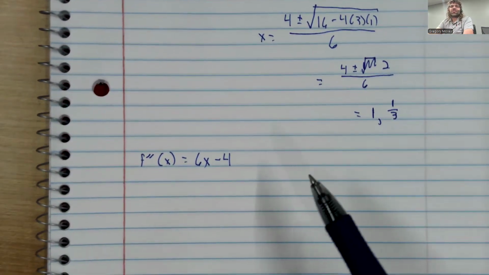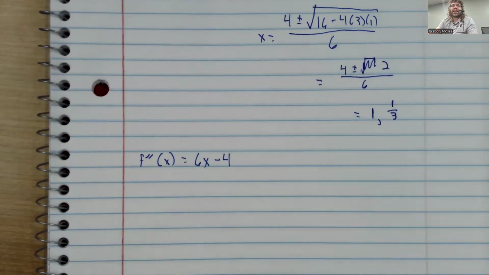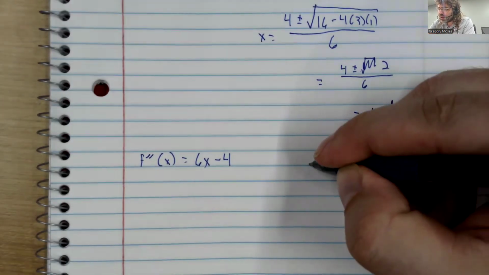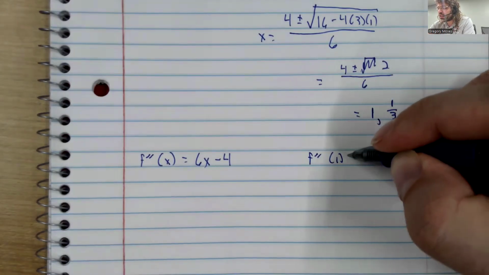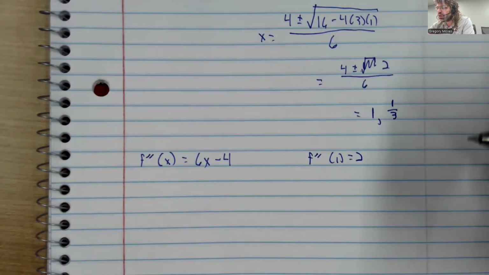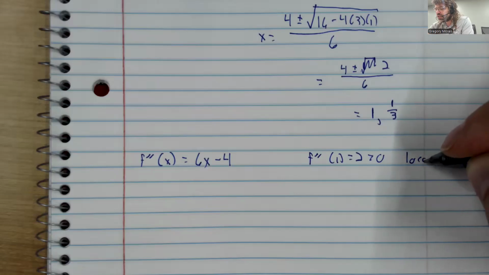And since I have the second derivative anyway, I might as well use the second derivative test rather than create the sign chart. F double prime of 1 is 2, which is positive, so 1 is a local min.